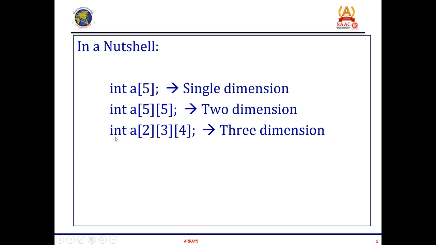In the third declaration statement, I have three pairs of opening and closing square brackets, that is 2, 3 and 4, which is called a three-dimensional array. Most applications involving computer graphics make use of three-dimensional arrays, where 2 represents the x-axis, 3 represents the y-axis, and 4 represents the z-axis.